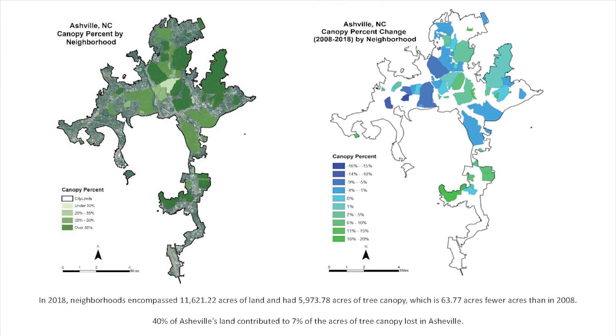There are about 11,600 acres of neighborhoods in Asheville. And that land has about 6,000 acres of tree canopy coverage. And over that 10-year period, if you look at the net gains and the net loss, it's only 63 acres. It's not a big change. It's about a 1% change at the neighborhood level.